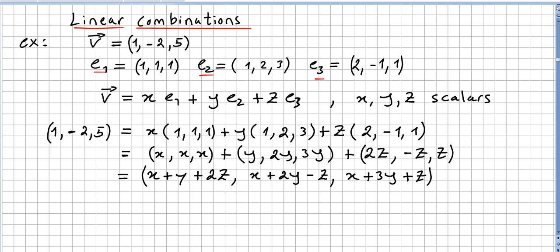So x times (1, 1, 1) will be (x, x, x). y times this vector will be (y, 2y, 3y), and z times this vector will be (2z, -z, z). Now we will add: first component, second component, third component, and we want all this to be equal to (1, -2, 5).